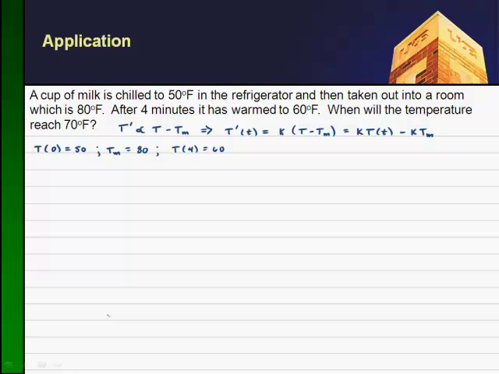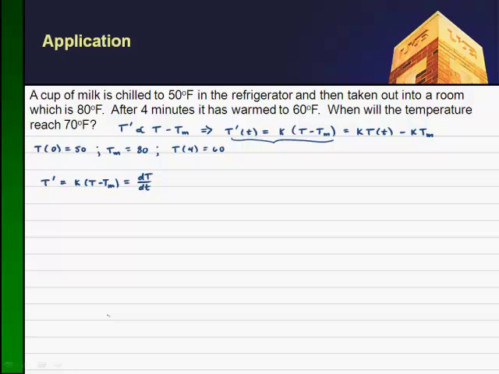All right, let's take this one and rewrite it. I get T prime, and I'll drop the time dependence. In fact, let's write it as k times (T minus Tm). At this point, I really could write T prime as dT by dt, the rate of change in temperature with respect to time.